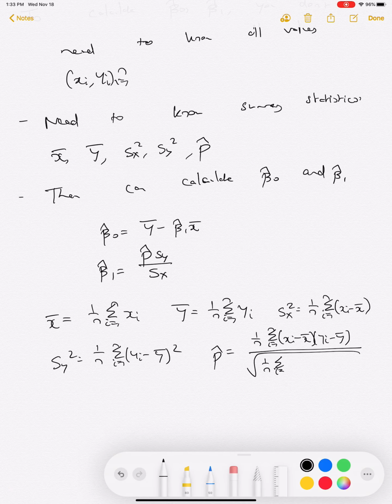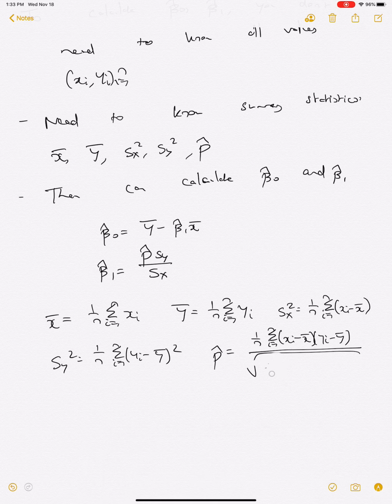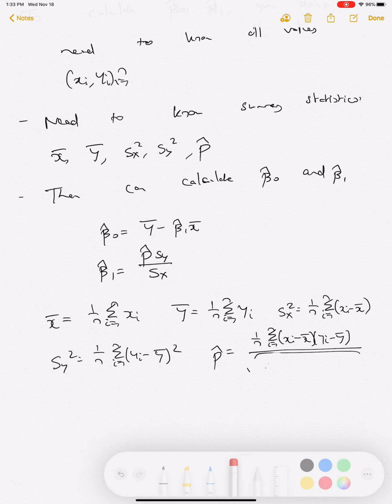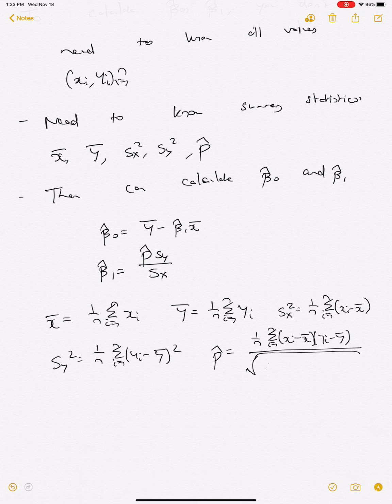I guess I'll just use the shorthand here. Okay, so these are the definitions of those 5 key statistics. Once you know those, you can calculate beta hat 0 and beta hat 1.